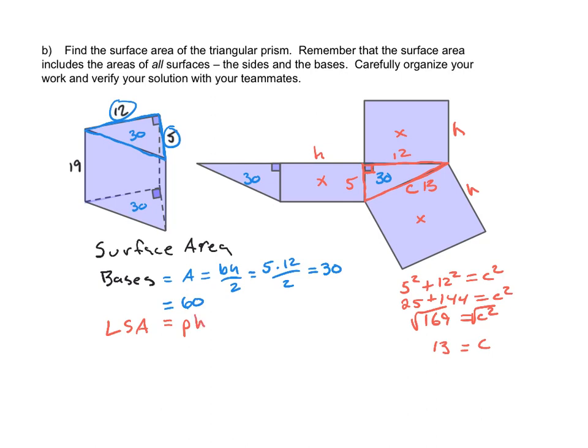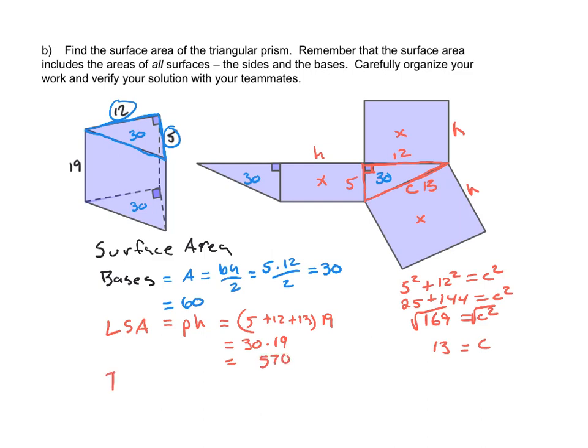So the perimeter will just equal 5 plus 12 plus 13, and then you multiply that by the height, which is 19. So when you add those together, 5 plus 12 plus 13, you get 30 times 19. And when you multiply that together, you're going to get 570.